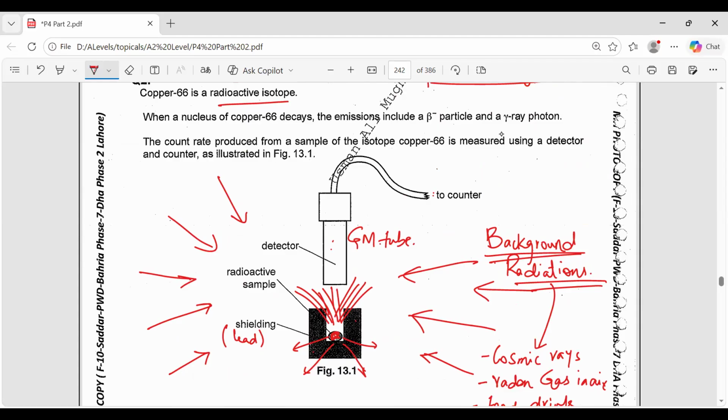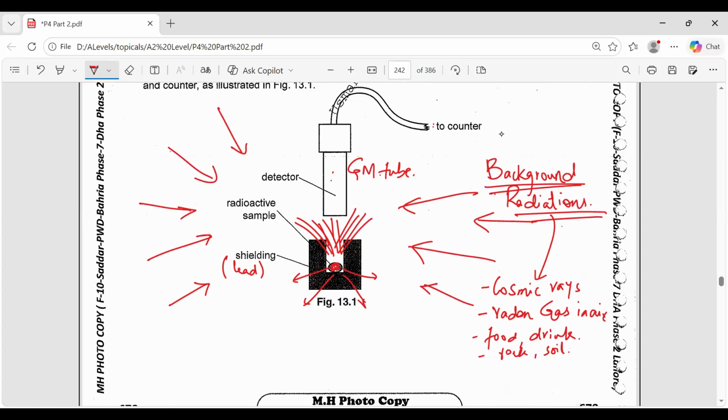Are you understanding? So the presence of background radiation also causes a discrepancy between the value noted by the GM tube and the radioactive sample. Is this fine?